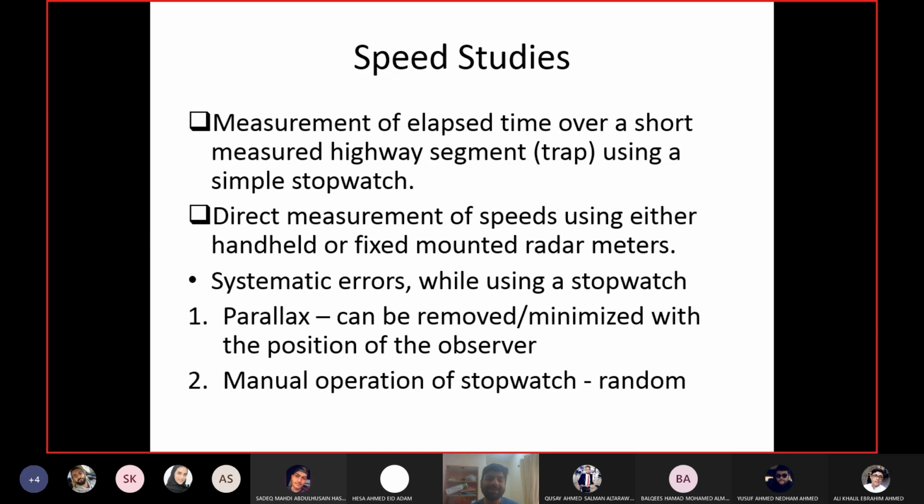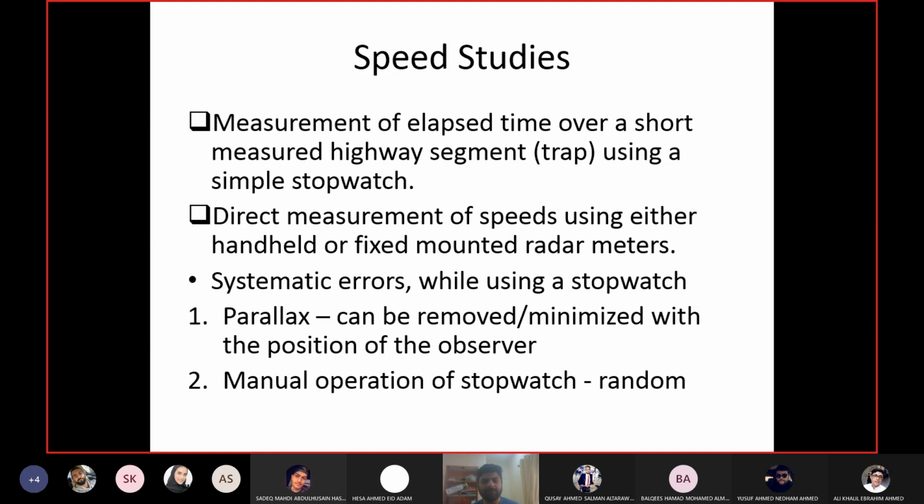You can also make direct measurements of speed using some handheld or fixed mounted radar. If you have an instrument, there are speed guns and speed instruments available, which can be portable, like I said previously as well. They are like the thermometers they are using in the malls and other places for measuring your temperature.